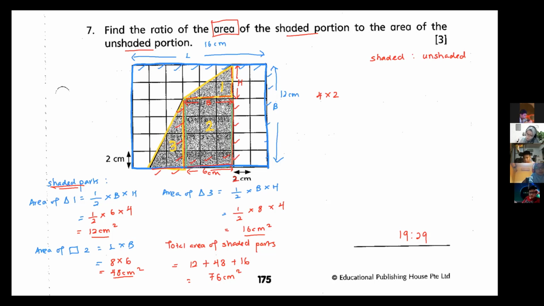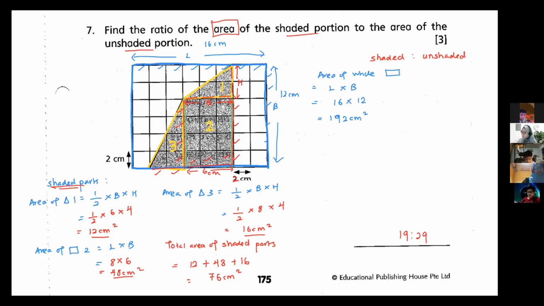The area of the whole rectangle equals length times breadth, 16 times 12, equals 192 cm squared. Okay, so we have that already.